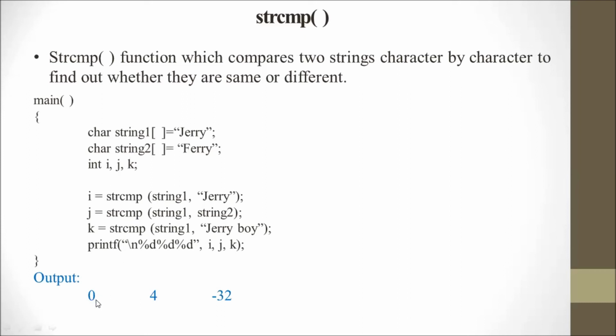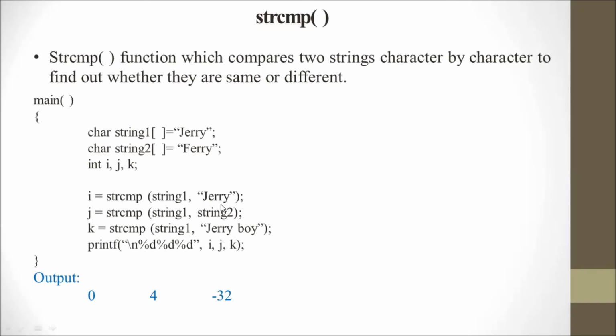The first will print 0, because string 1 is compared with Jerry, so there is no difference.